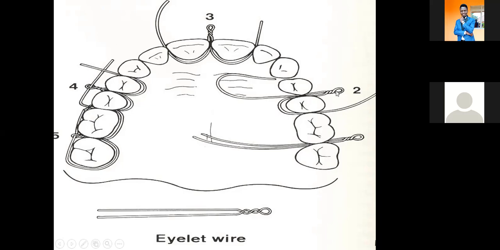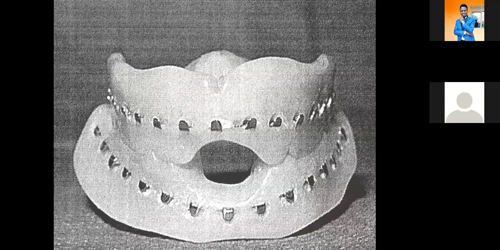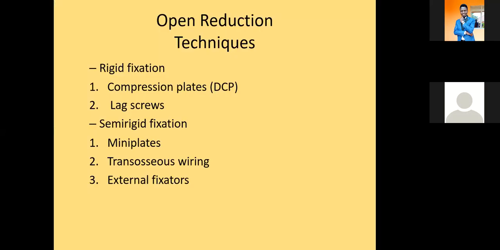To join them, you fix another wire through here, and you pass it through another eyelet on the opposing jaw at the same level, so that you pull them direct, and then you reduce and fix, and you tighten them, and you already know how long you're supposed to leave them in place. So this is a cast.